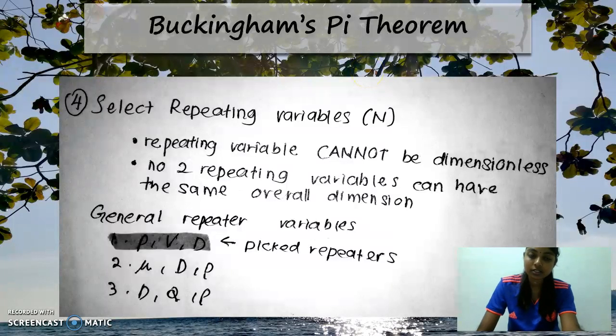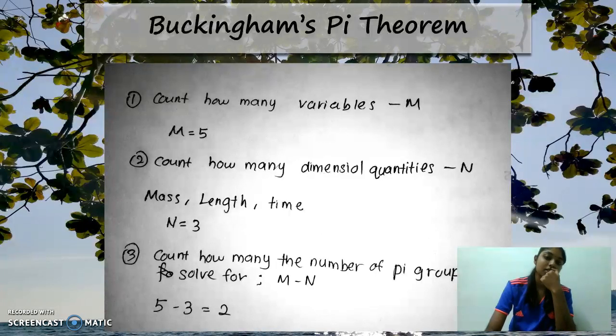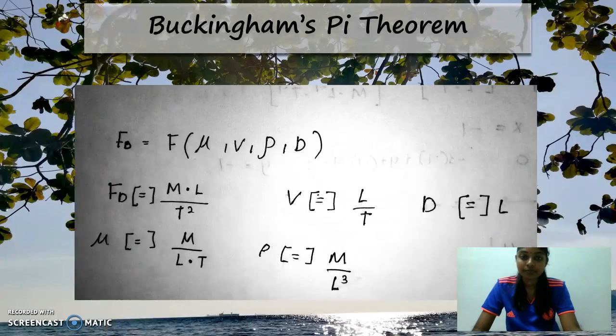Firstly, we have to count how many variables we have. As we know, we have velocity, distance, viscosity, density, and two more, which are velocity and Fd.